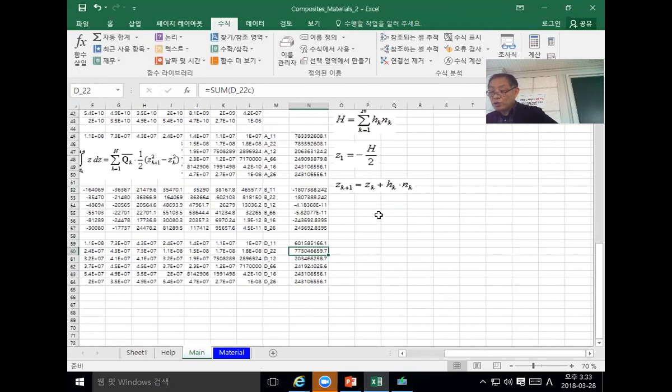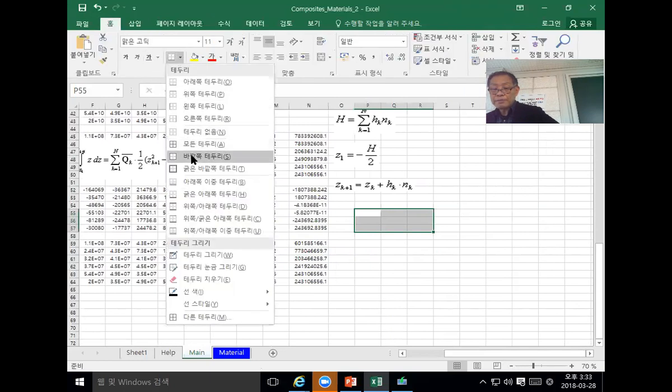So what do you need to do? Well, we can use a 3 by 3 matrix.